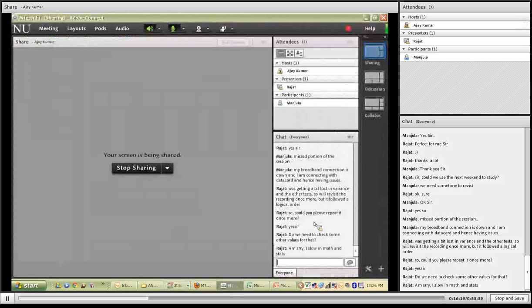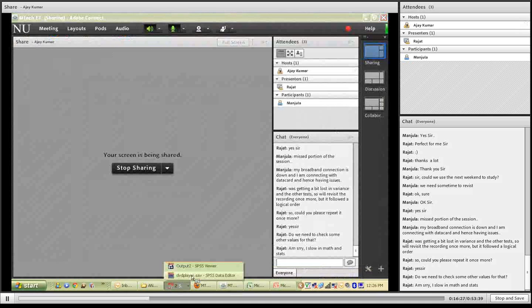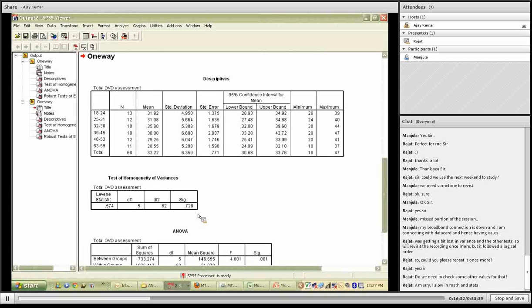Right? So just to reiterate it, a value of 0.720 would mean that the variances in these groups are equal because the null hypothesis is accepted.